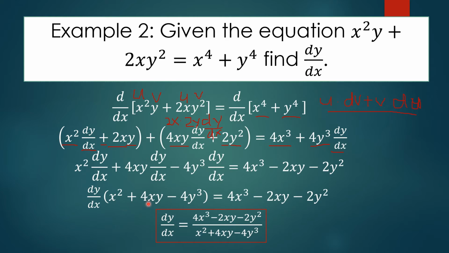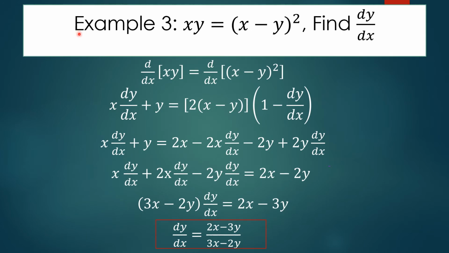Okay? So, mawawala na siya. Ang natitira is dy over dx is equal to, we have 4x cubed minus 2xy minus 2y squared all over x squared plus 4xy minus 4y cubed. So, yan na po ang ating dy over dx.